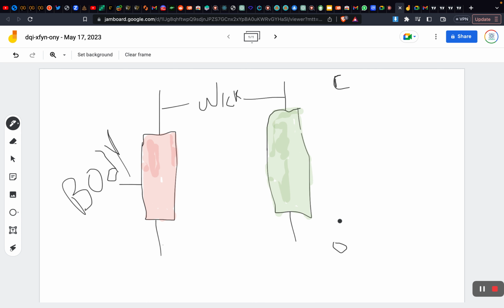Now when you open your business on a daily basis, let's say you open your business with 500 Ghana cedis, and at the end of the day you close with 1,500 Ghana cedis.